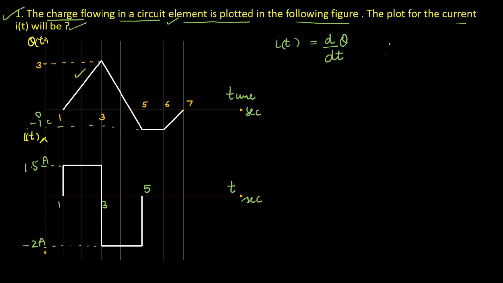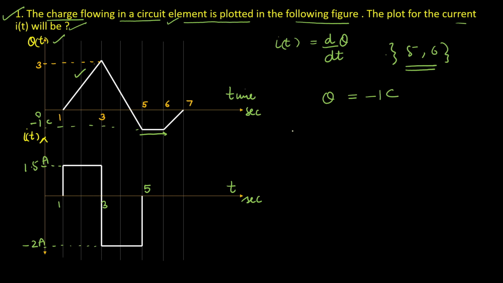Between the interval 5 to 6, we can see that the charge q is a straight line with a zero slope. So the equation of q is q equal to minus 1 coulombs between 5 and 6 seconds.